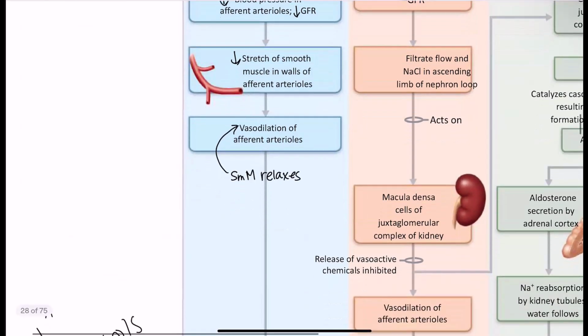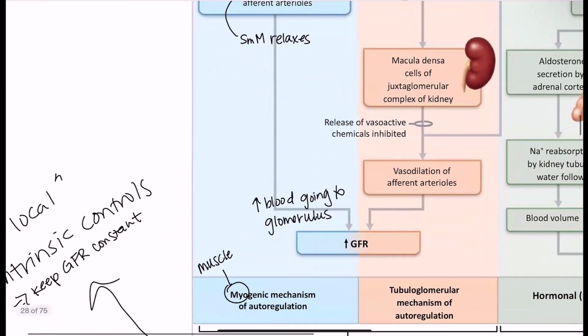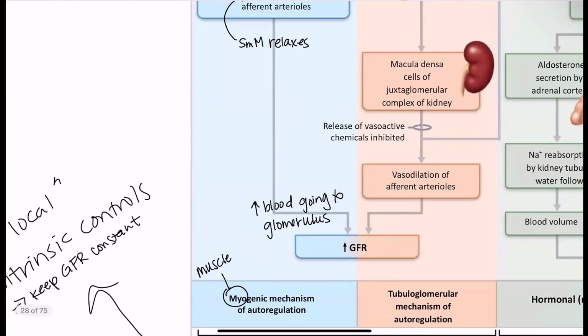If that smooth muscle in the afferent arterioles relaxes, that leads to an increase in GFR because we increase blood going to the glomerulus. More blood, more pressure, more GFR. Okay, so that's the myogenic mechanism, the muscle one, the smooth muscle one.